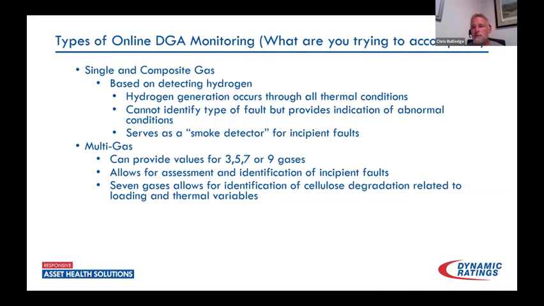So say we have limited budget and we're going to spend X amount of dollars on monitoring, and they'll go with the multi-gas only at that point. Well, then they're not really bringing that data or setting alarms in such a way that it's to a huge advantage of them to have that multi-gas present.